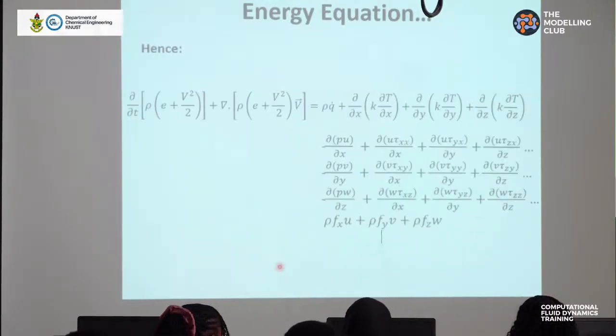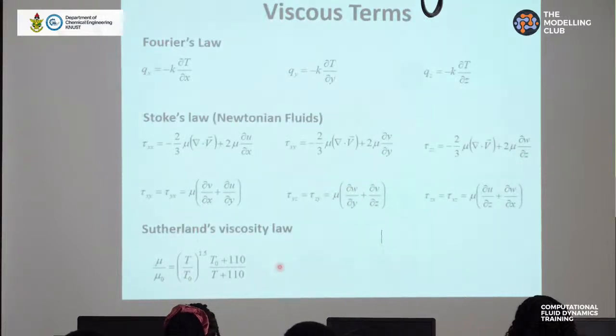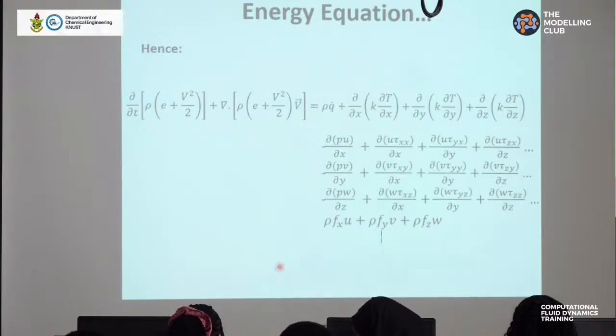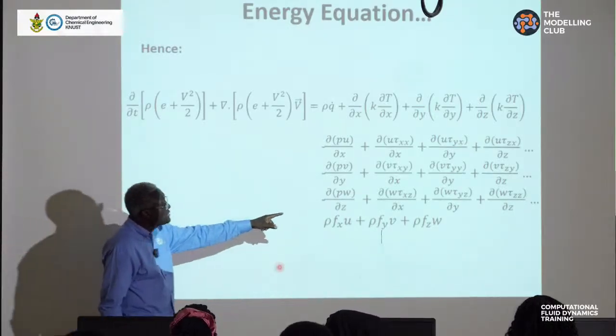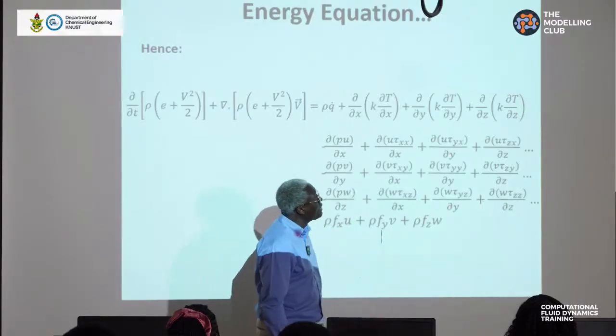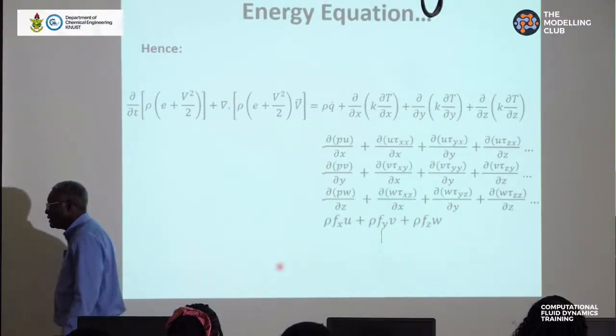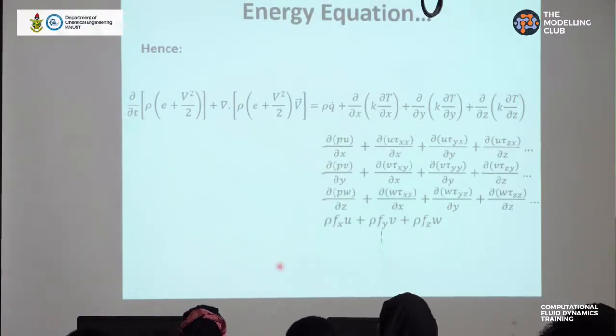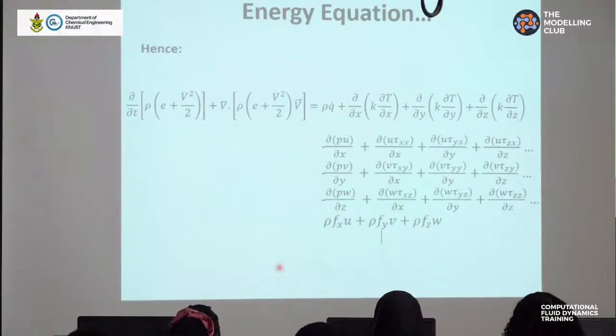And so we can write our energy equations in this more compact conservation form. So far, we haven't accounted for the viscous terms, that is the taus. But now we can account for the viscous term.